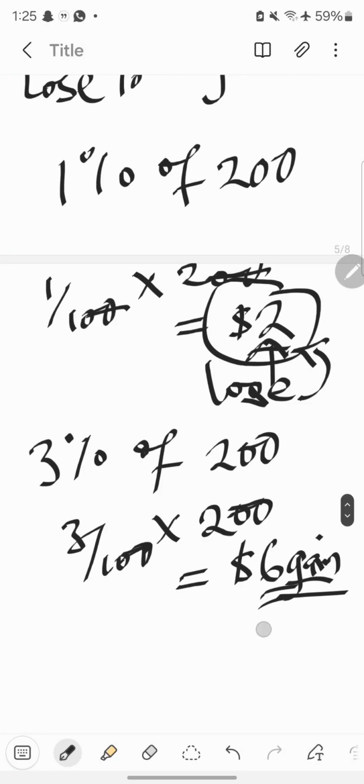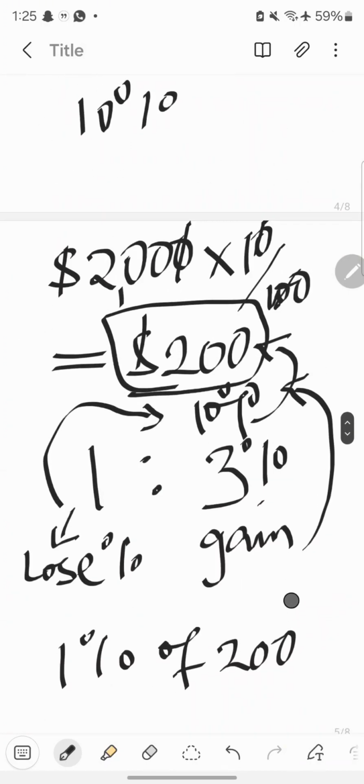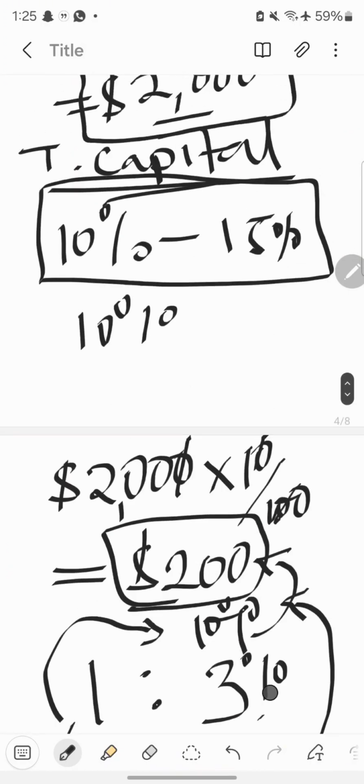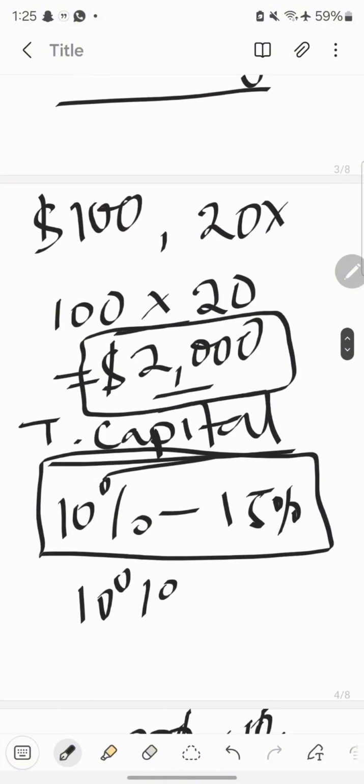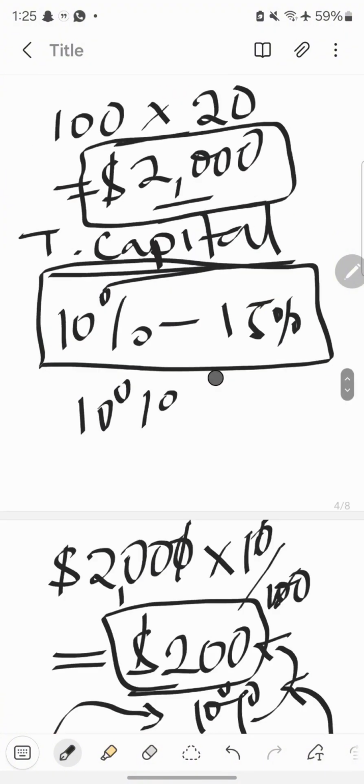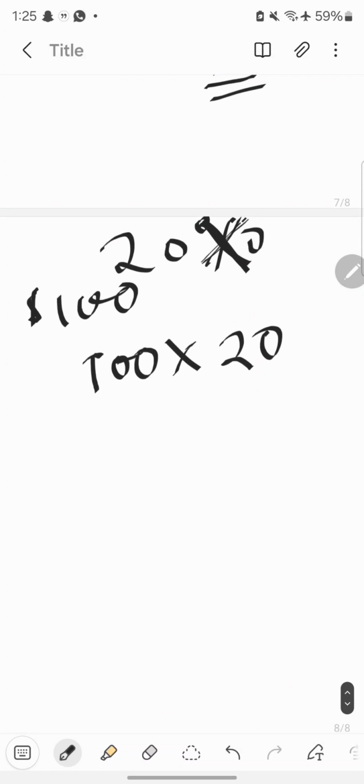Yeah, I think I used 20x at the top. So let's use 50x.